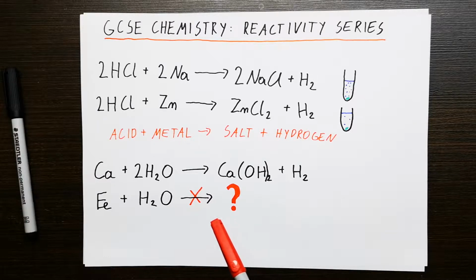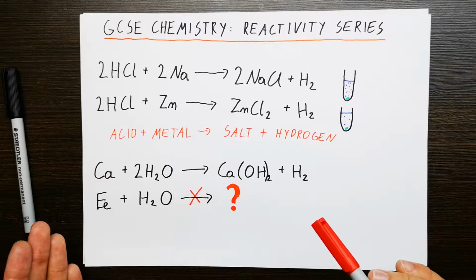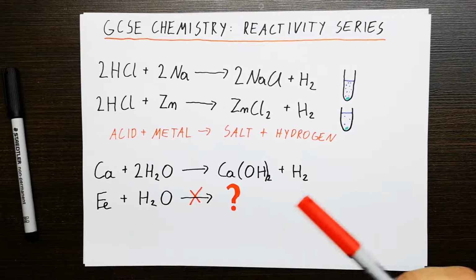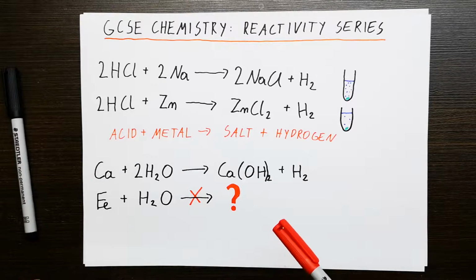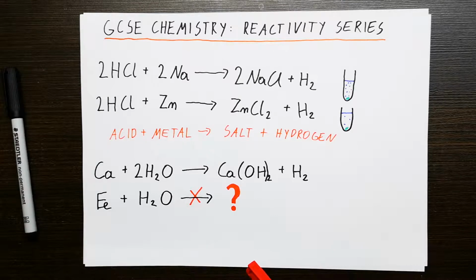We just chuck calcium into water, pure calcium thrown into water will start fizzing and will give us this sort of reaction. Now, if we look at another example of iron plus water, nothing happens. Iron doesn't react in water with such a reaction. I mean, yes, there is another reaction that it can go down, but iron does not react in such a way with water like calcium does.